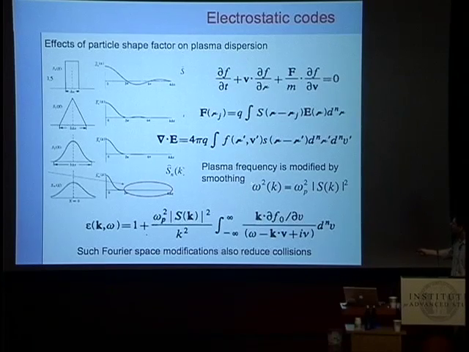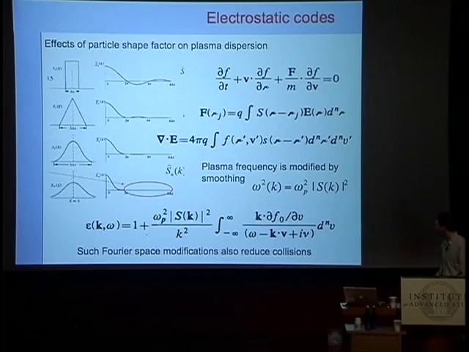And what you find is that the plasma frequency of your problem, so the fundamental oscillation, will be modified by the Fourier transform of the shape function of your charge. So effectively, if we had no discretization errors, then omega squared would be just equal to omega p squared. Yet it gets modified by this factor, which is a Fourier transform of the shape of your particle.